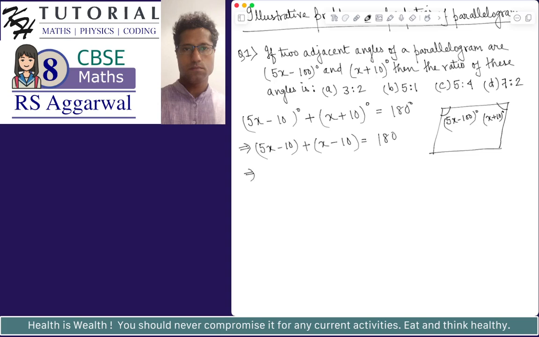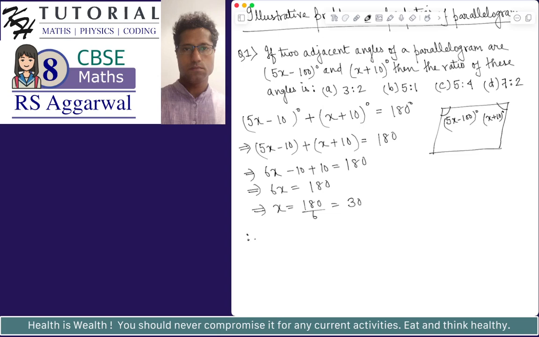Simplifying the LHS, we have 6x, and minus 10 plus 10, is equal to 180. So this implies 6x is equal to 180. This implies x is equal to 180 by 6, which is 30.